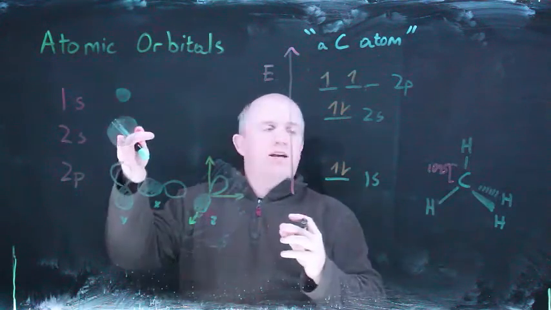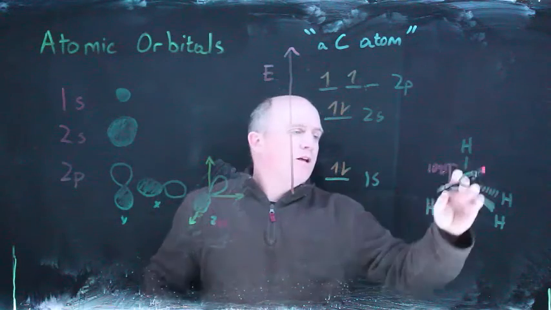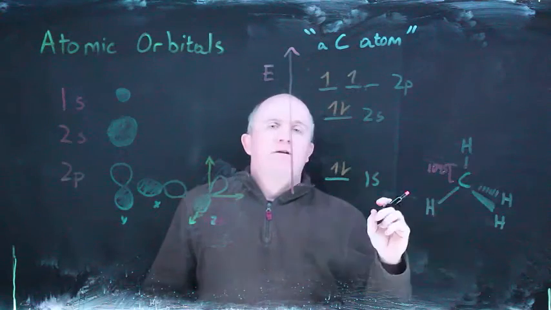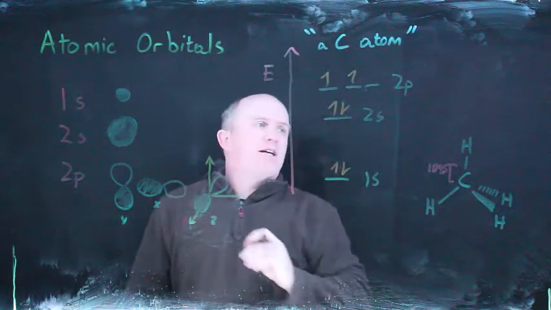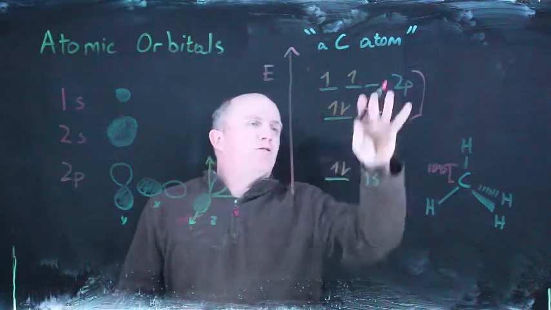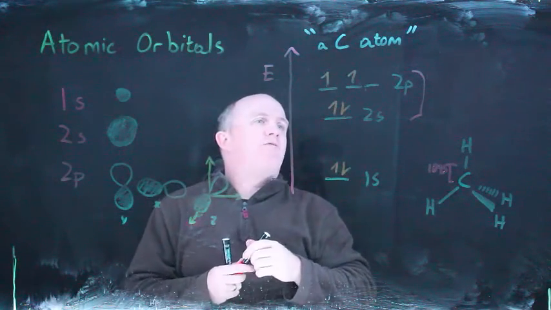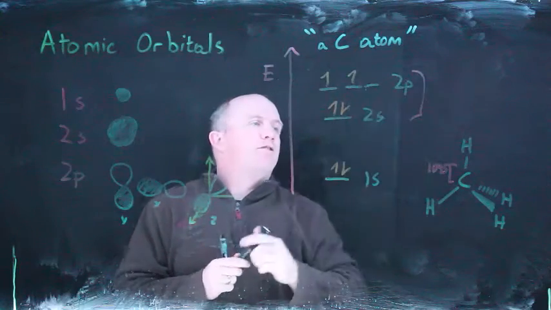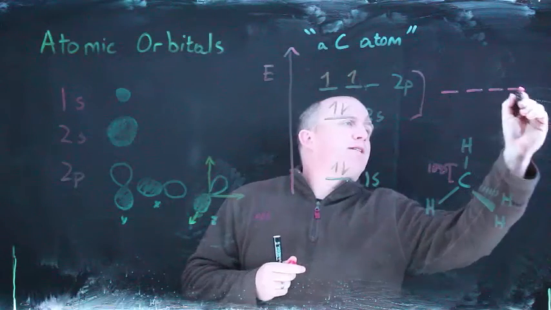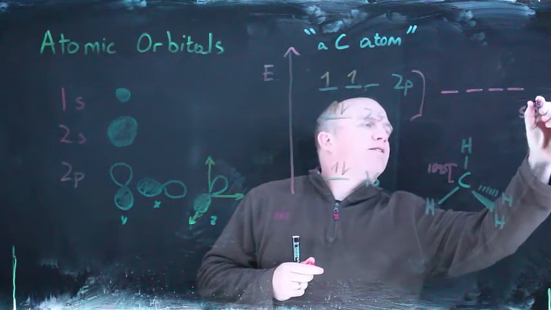And there's certainly nothing in the s orbital, which is relatively small and relatively tight to the carbon atom. So we can't be using these orbitals as drawn. We have to do something else. Instead, what we do is we hybridize all of those orbitals. Rather than having 3 individual 2p's and a 2s, what we end up making is 4 separate sp3 type orbitals.